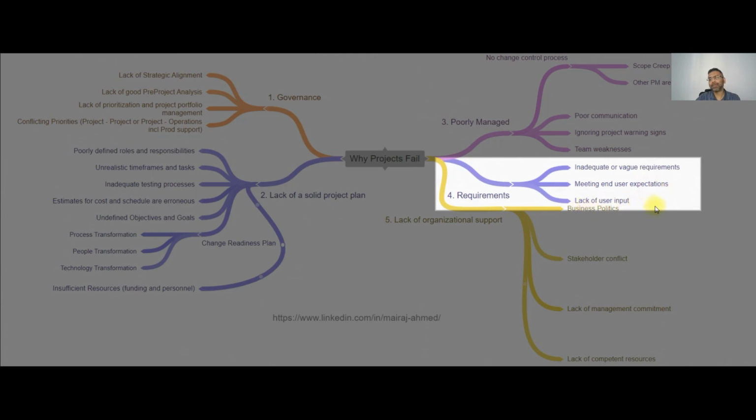Next one is lack of user input, and I've seen this on many projects: instead of getting users who are actually going to be using your product involved, you have the user managers or their superiors or some SME building this idea in their head, and then visualizing and providing that.